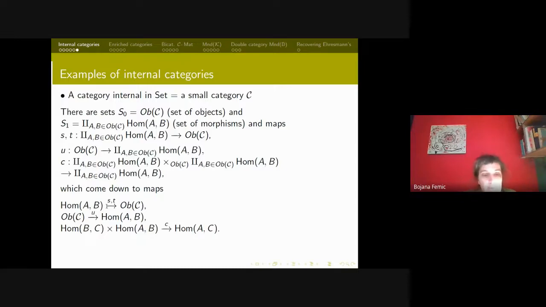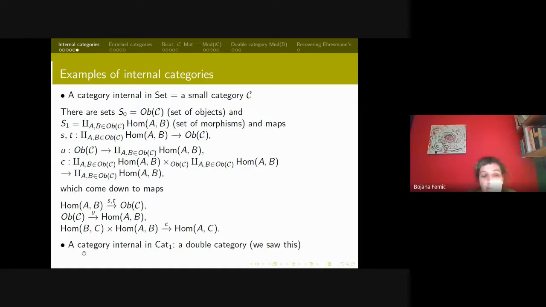And by abuse of notation, I will use the same notation for the morphisms. So from the home set, home from A to B, to the set of objects of C, I have the source and target. Then unity to every object, I put an identity, so it should be AA, and the composition like that.